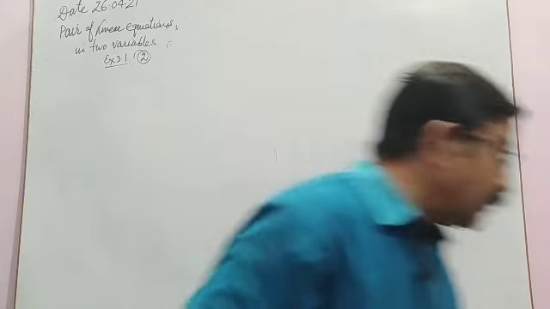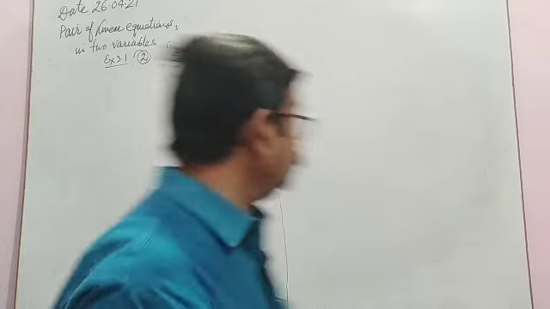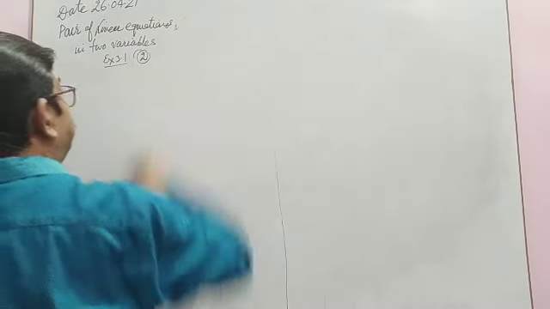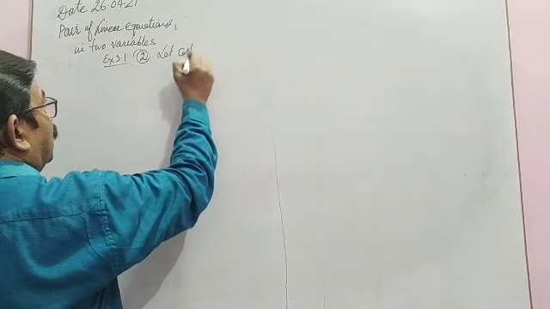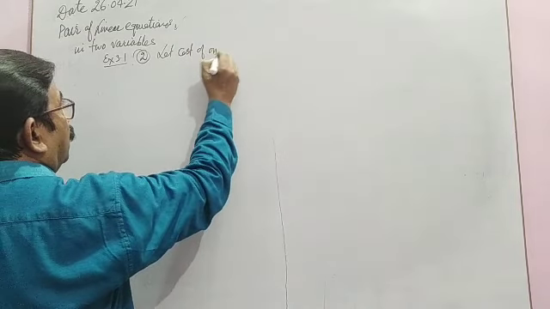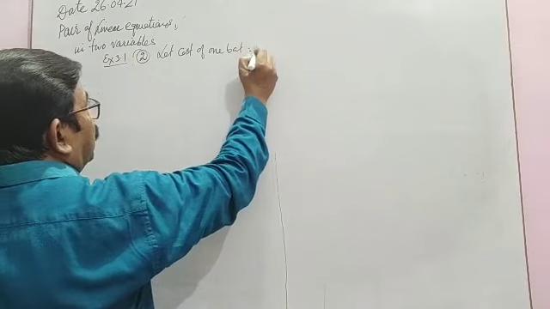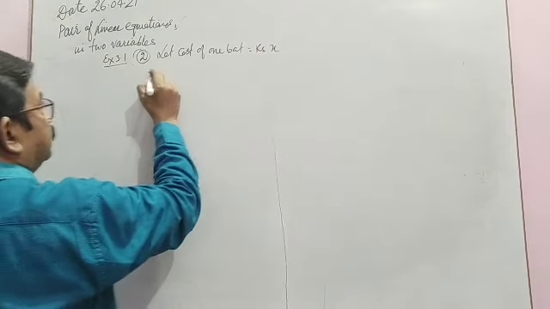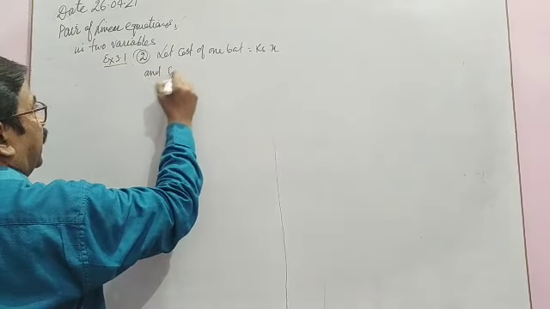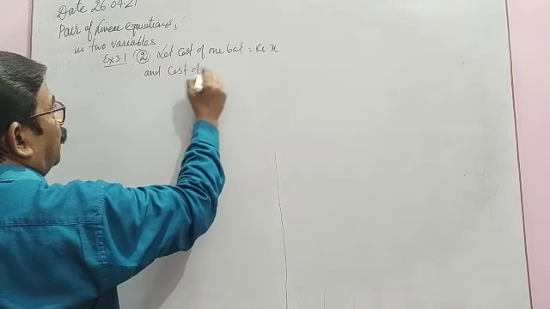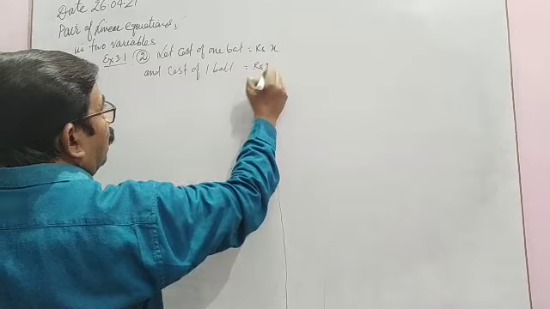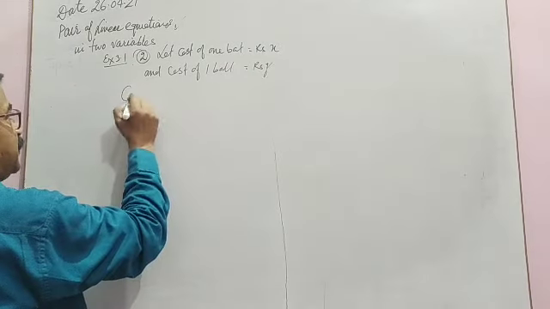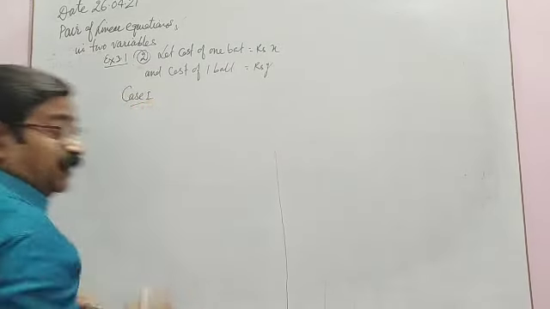Let the cost of one bat be rupees X and the cost of one ball be rupees Y. So in the first case, what is given?